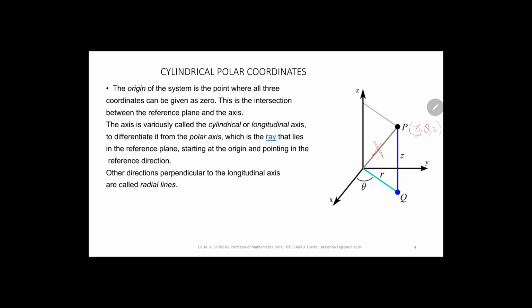That is not correct. r is the distance of the point Q, the projection of P on the xy plane, from the origin. And this OQ is the radius vector. The angle made by the radius vector with the x-axis is theta, and the distance from P to Q is z. So these are the cylindrical polar coordinates.